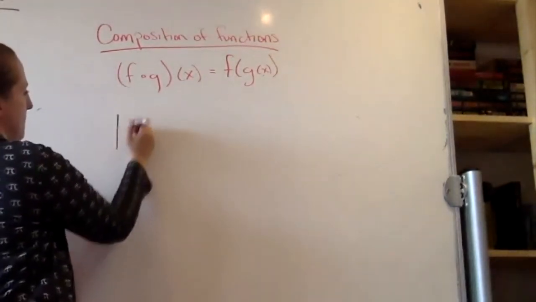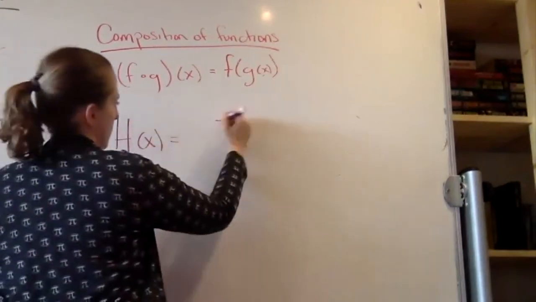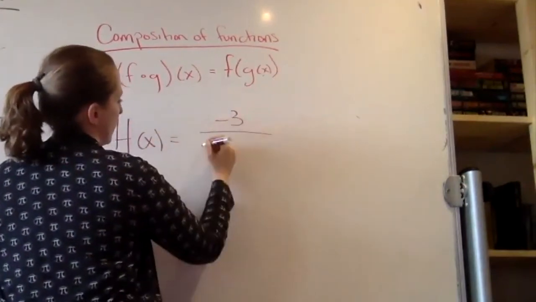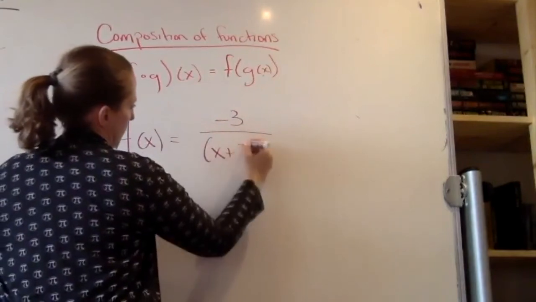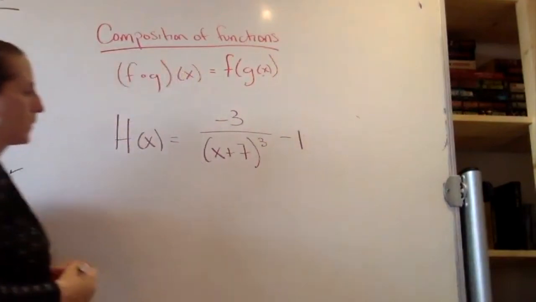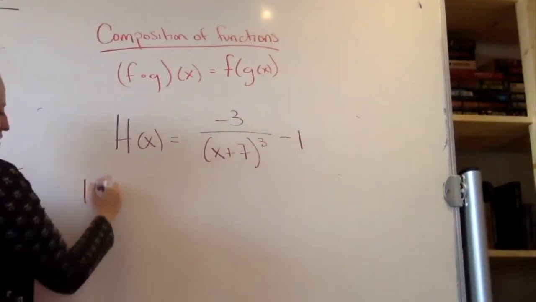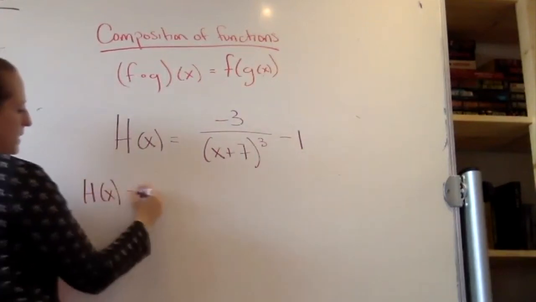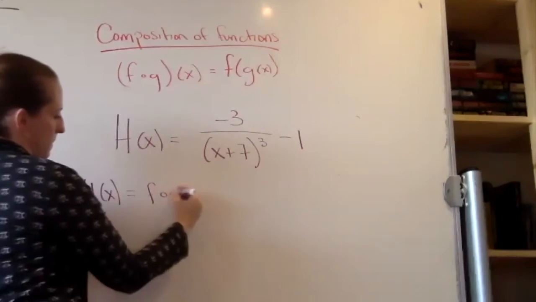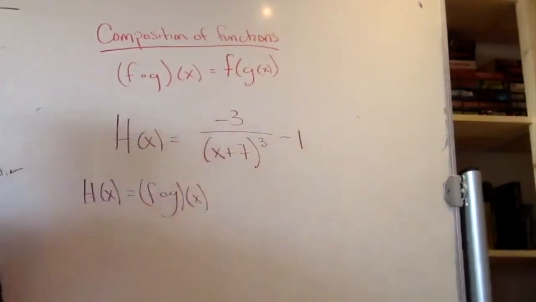Let's say I have some big function, h of x, that equals something like -3 over x plus 7 cubed, minus 1. Now let's say I want to decompose h so that I can think of h as two functions. I want to find an f and a g such that h is f composed with g of x.